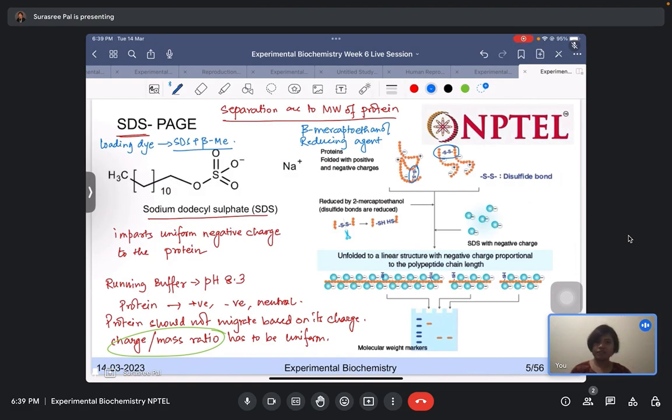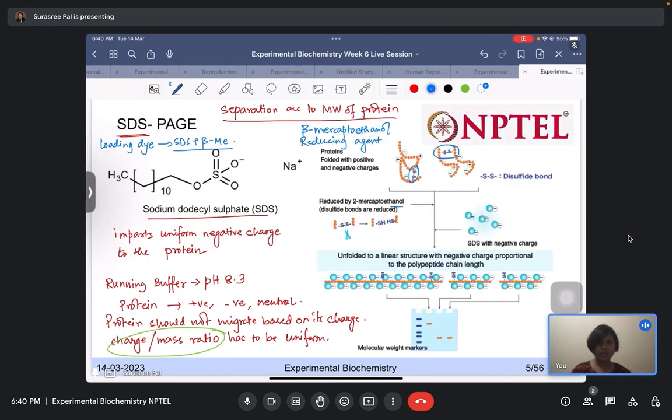Now if these disulfide bonds are not broken before we run the sample on the gel, then they will maintain a particular structure of the protein, and it will not be a linear polypeptide as we want it to be. That is why, to break these disulfide linkages, beta mercaptoethanol or 2-mercaptoethanol is used.